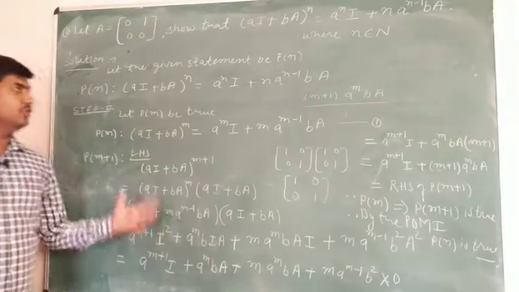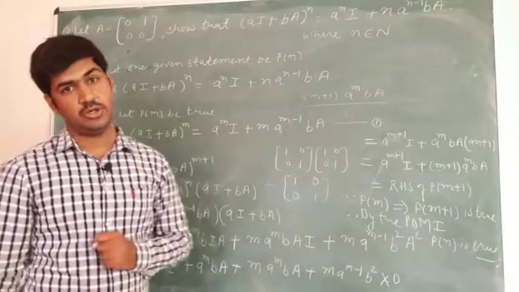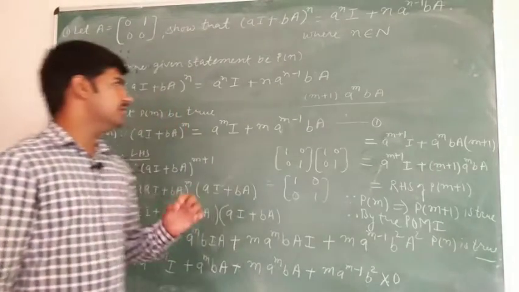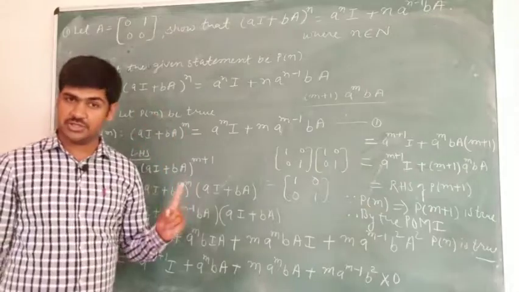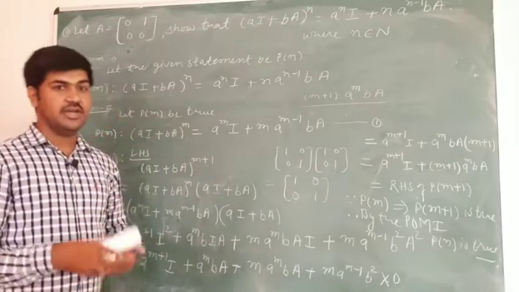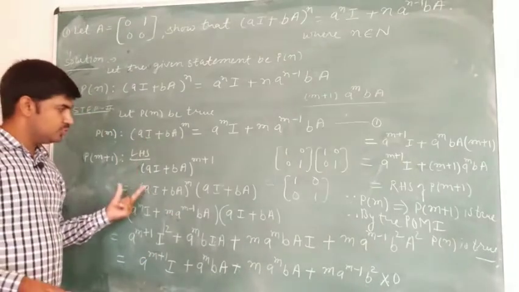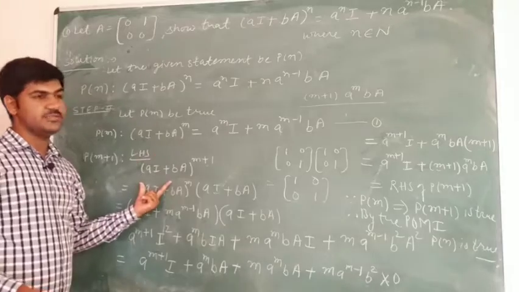And this is how we have used the principle of mathematical induction to prove the given statement true. How did we do it? First of all, we checked whether P(1) is right or not, we got P(1) right, and then we used P(m) to get P(m+1) is true.